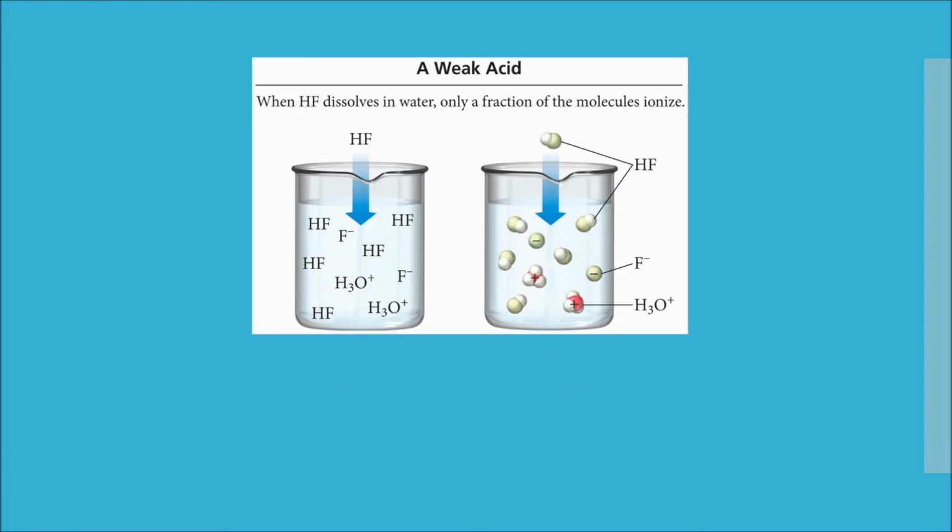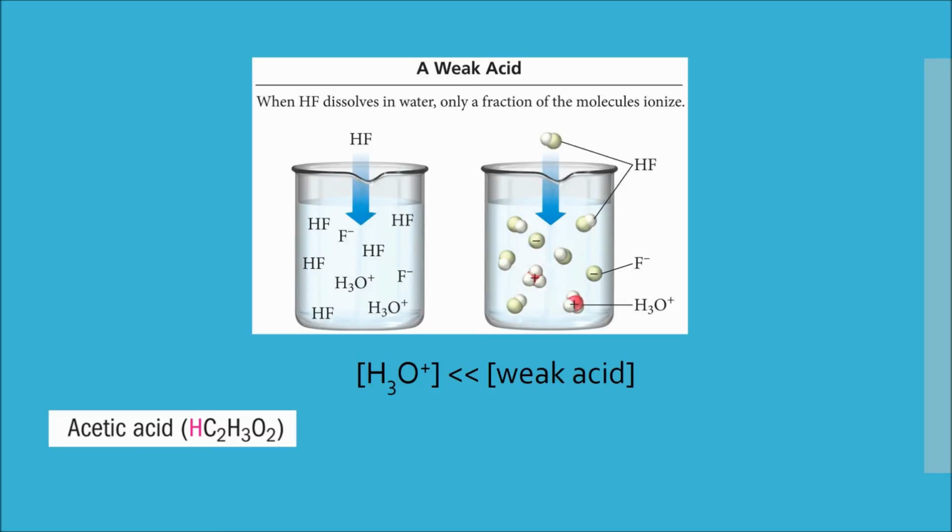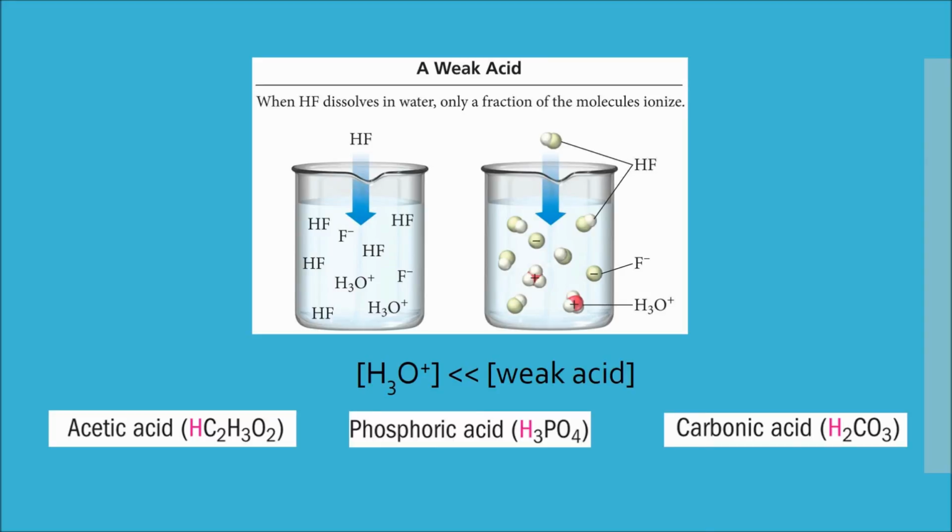In a weak acid, you do not see complete dissociation, and so the H plus concentration is much, much less than the concentration of the starting acid. For example, acetic acid is an example of a weak acid. Also, you will have phosphoric acid, which is another weak acid, and carbonic acid. These are all weakly dissociated in solutions.